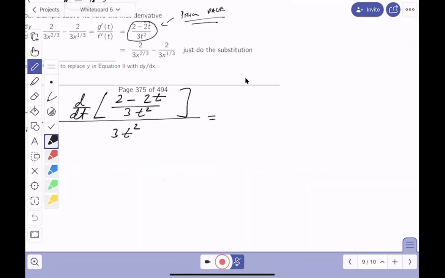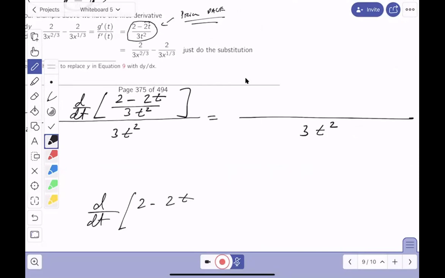It's going to be work. Painful too. I'm going to write this on the side though, because I don't want to do a lot of work over here. I don't want to use quotient rule, so I'm going to write this a little differently.